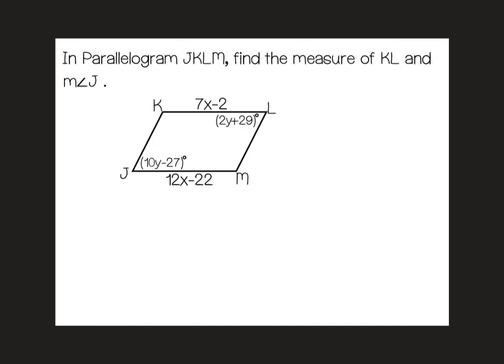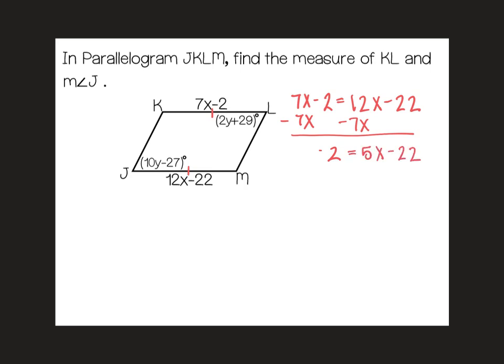Find the measure of KL and the measure of angle J. Again, I'm going to start with the sides, but what you know is that opposite sides are congruent. If they're congruent, we take the equations and we set them equal to each other. I could subtract 7x from both sides. I get negative 2 equals 5x minus 22.